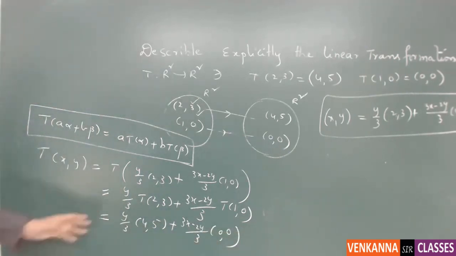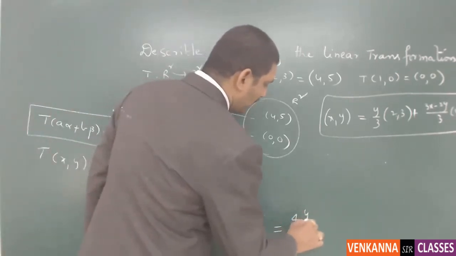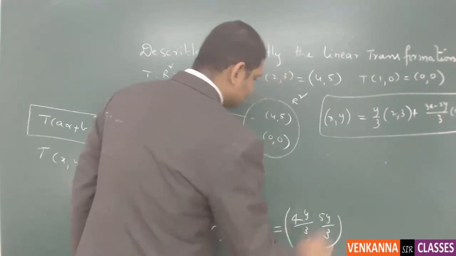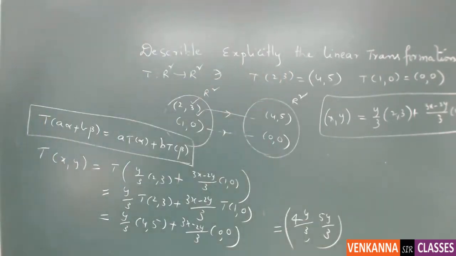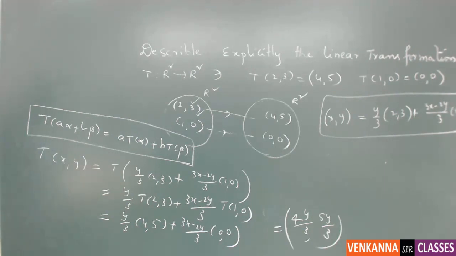From this, the condition of the transformation is nothing but (4y by 3, 5y by 3). So this is the way in defining or deducing the transformation from the given set of images. This tactic is applicable to two-dimensional, three-dimensional, n-dimensional, matrices, polynomials, everything.